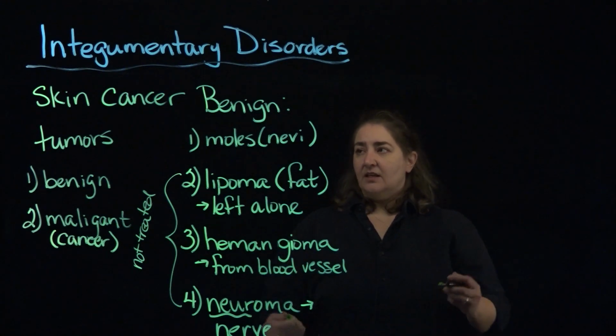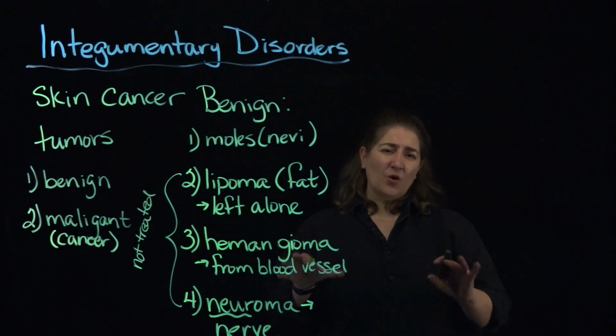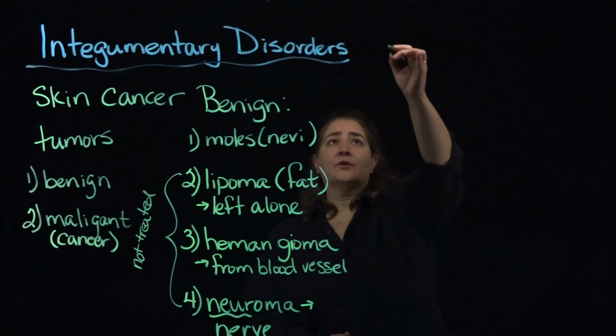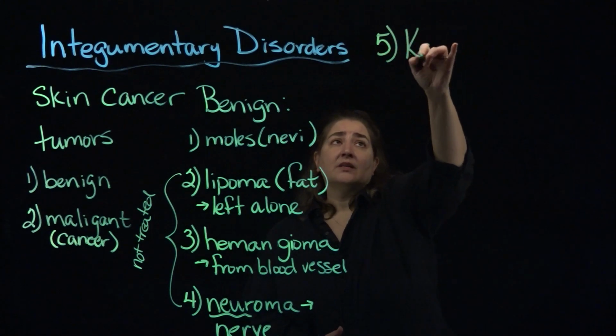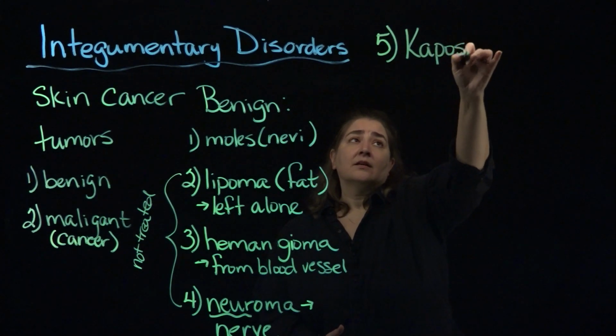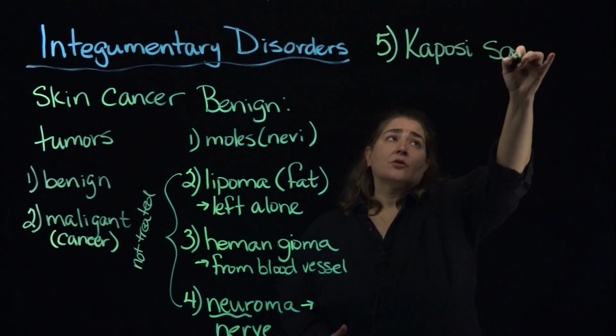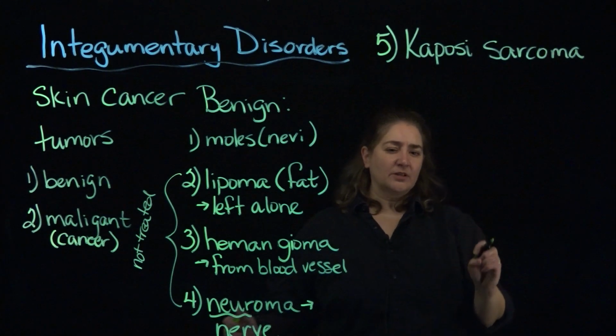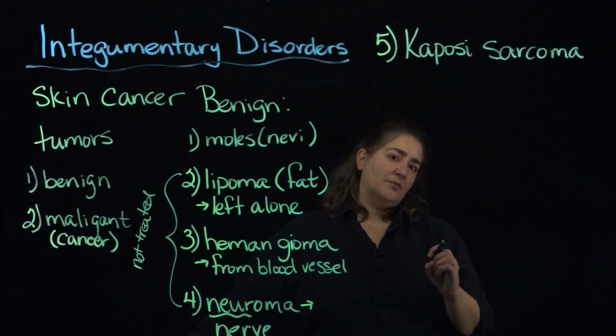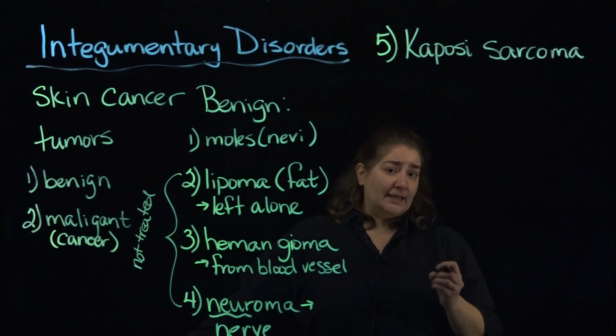Now, with our benign tumors, we've got one that's a little odd as far as classification, and that's going to be Kaposi's sarcoma. We talked a very, very little bit about this specific type of tumor when we covered AIDS and HIV.